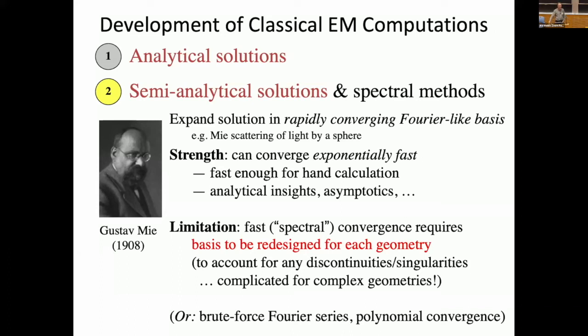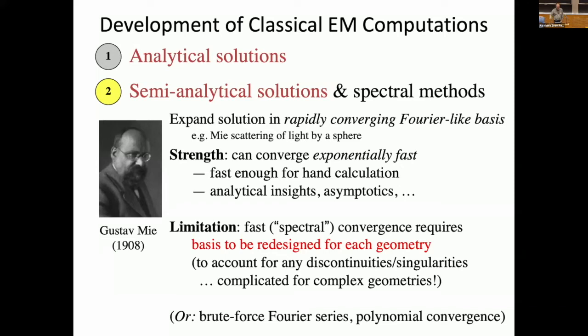But the limitation is that if you want this exponential convergence, you need to redesign the basis for every single geometry. So the spherical harmonics work great for spheres, but if it's an ellipsoid, then you need some more complicated series. And if you have a cube, forget it, you're in big trouble, right?